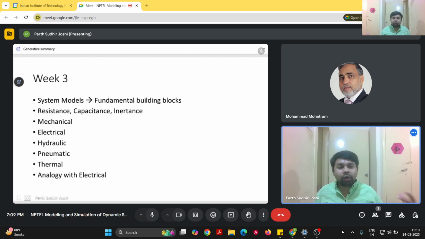Then we go into modeling practical systems, which are bigger models, where we use these building blocks. Generally we do not have only a purely mechanical or purely electrical system. We always have a combination of different systems.